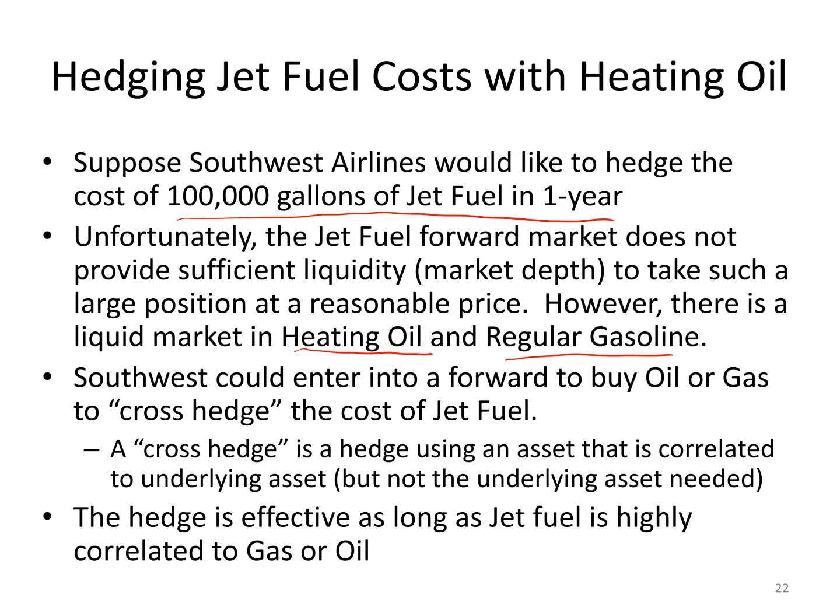So what Southwest could do is enter into a forward contract to buy oil or gas to cross-hedge the cost of jet fuel. So a basic term, cross-hedge, is a hedge using an asset that is correlated to the underlying asset, but not the underlying asset. And that hedge will be effective as long as gas and oil are correlated to jet fuel.